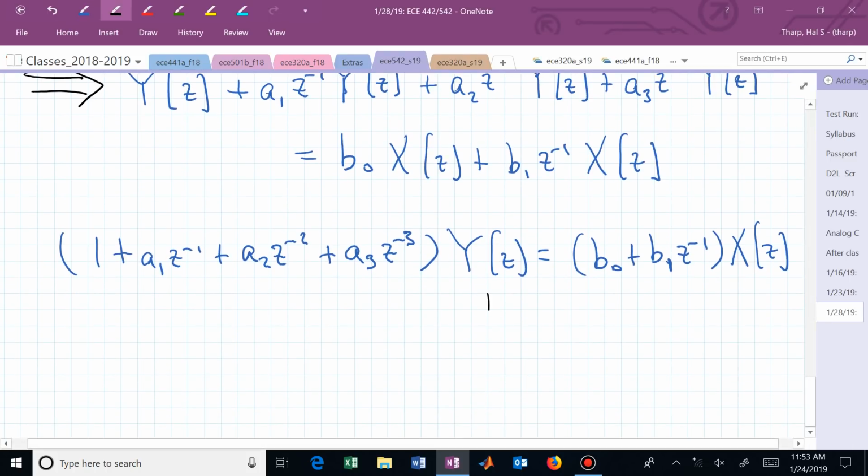Here Y of z is the z-transform of the output signal, and capital X of z is the z-transform of our input signal, little x of n.